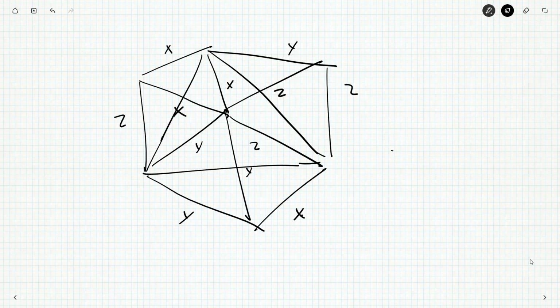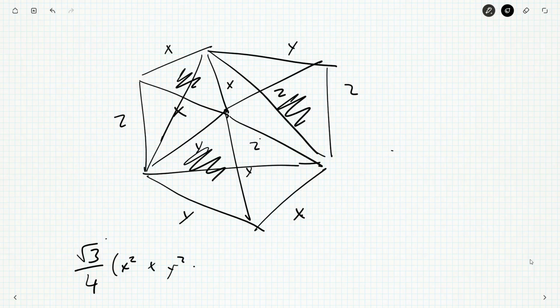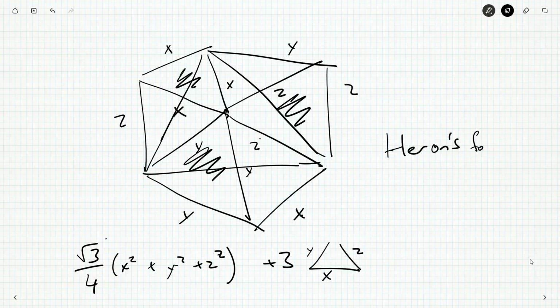Because as soon as I have these x's, y's, and z's, here are equilateral triangles. So those aren't bad to do. Root 3 over 4, x squared plus y squared plus z squared. And then 3 copies of the triangle with x, y, and z. But if we have Heron's formula, which some of you might know, some of you might not, Heron's formula would work out just fine.